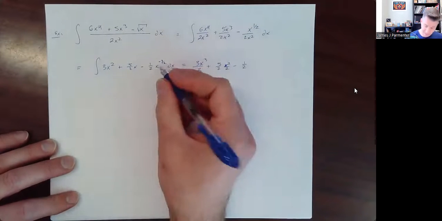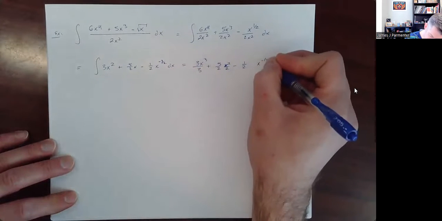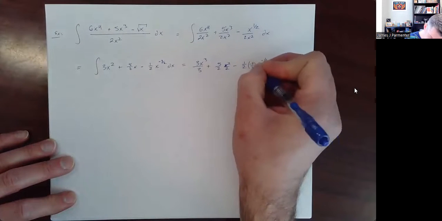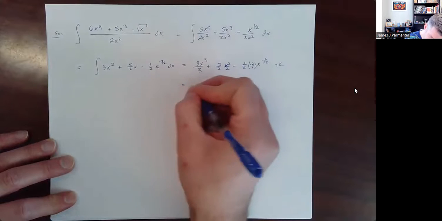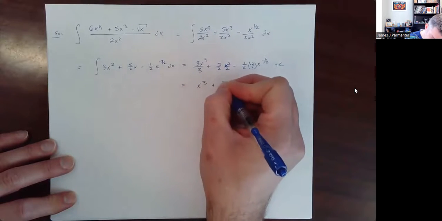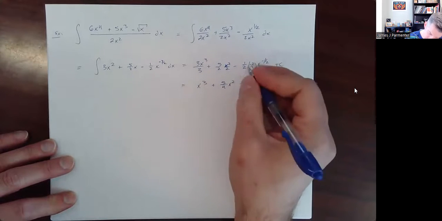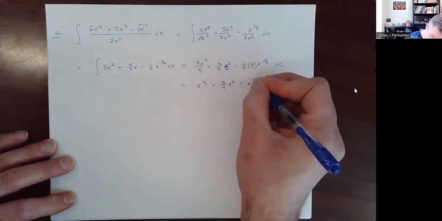And the antiderivative of x to the negative 3/2 is x to the negative 1/2 divided by negative 1/2, which is the same as multiplying by negative 2 over 1. And then simplifying, we get x cubed plus 5/4 x squared. Minus and minus is plus, and those actually cancel. You just get x to the negative 1/2.